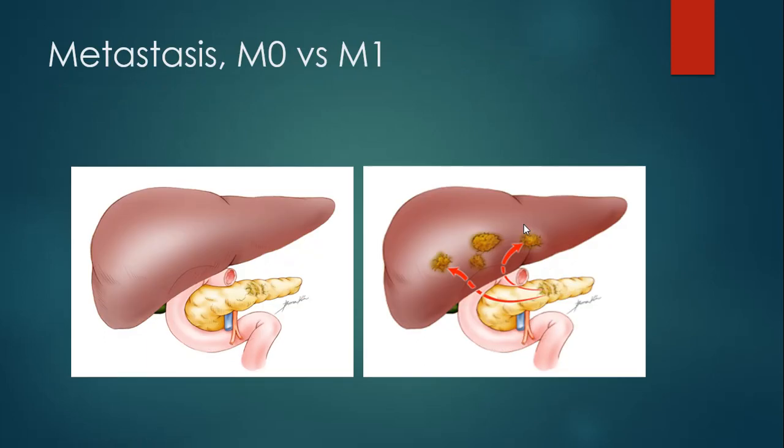And then the metastasis, the distant metastasis status, M0 when there is no metastasis anywhere, while M1 is one where the distant metastasis is present, for example, in the liver. You can see the tumor lies here in the body of the pancreas, and the metastasis has developed in the liver.